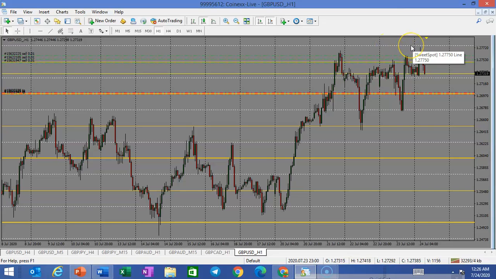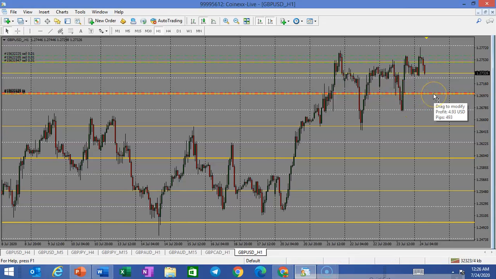So price action was rejected at this 1.27750 white tracer, and price has more so been held at a resistance line of 1.27500. That's the lighter color tracer.